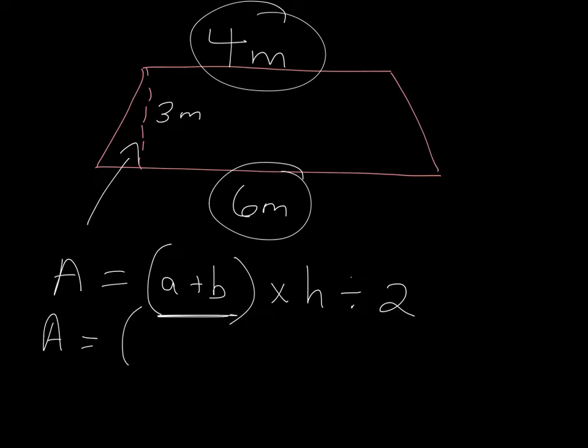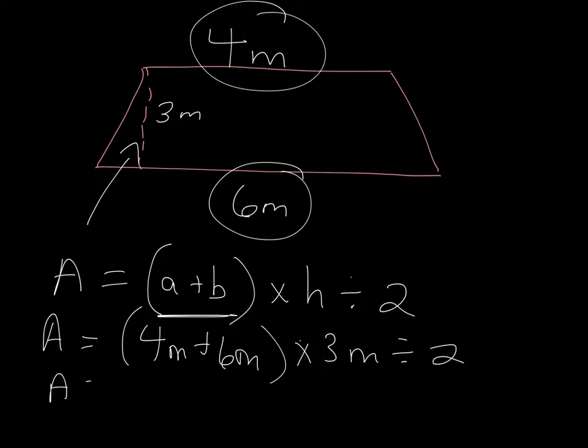So A plus B, A is 4 meters plus B is 6 meters, times the height. We know the height is 3 meters, divided by 2. So then A equals 4 plus 6 is 10, times 3, divided by 2.